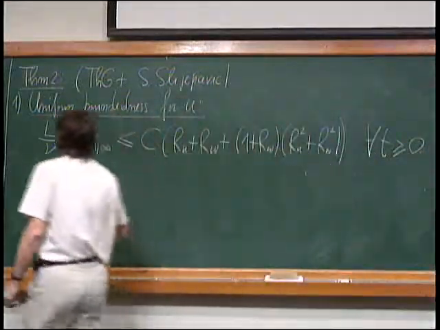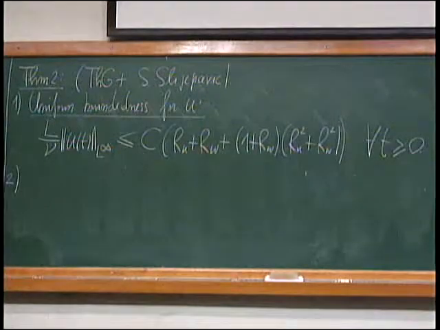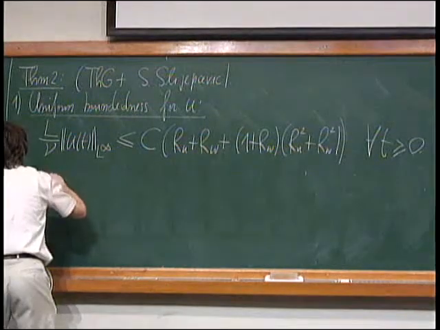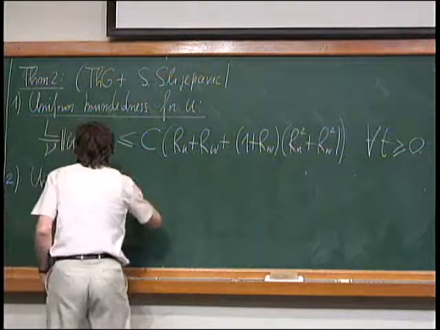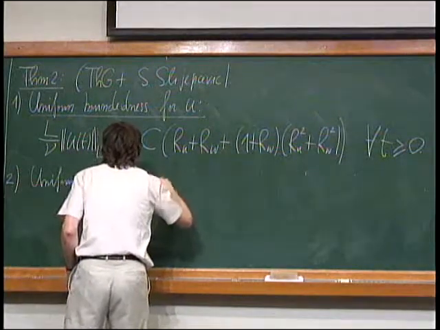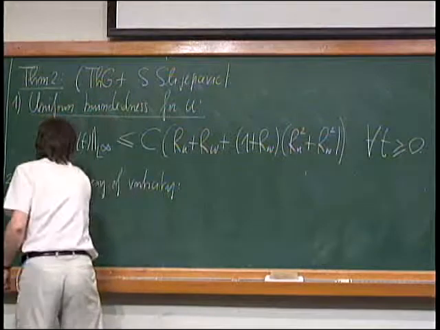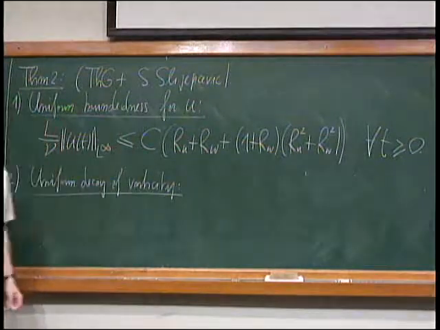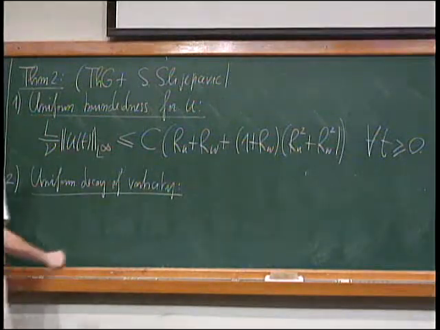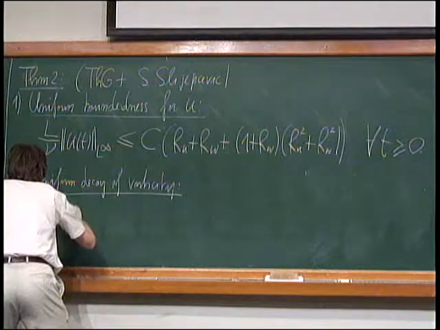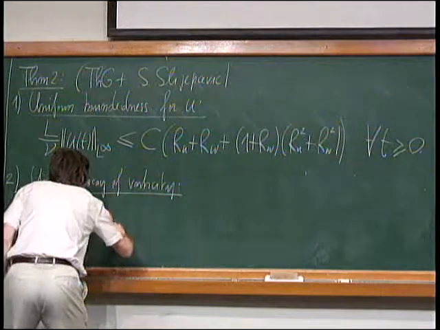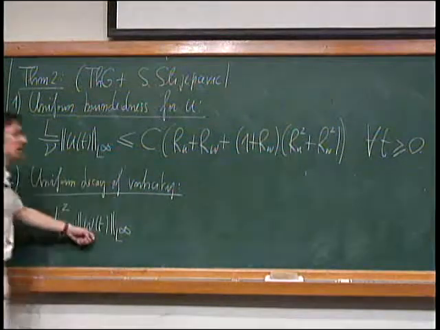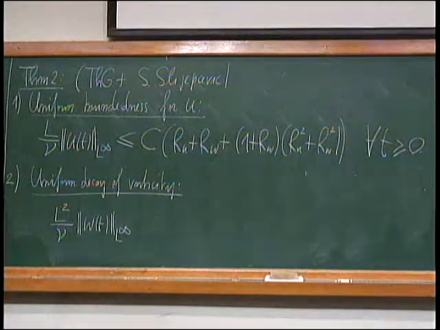Second claim is that I have uniform decay of vorticity. The vorticity converges uniformly to 0 as t goes to infinity. So again, I take the vorticity Reynolds number, which is the L infinity norm of omega of t multiplied by L squared over nu.